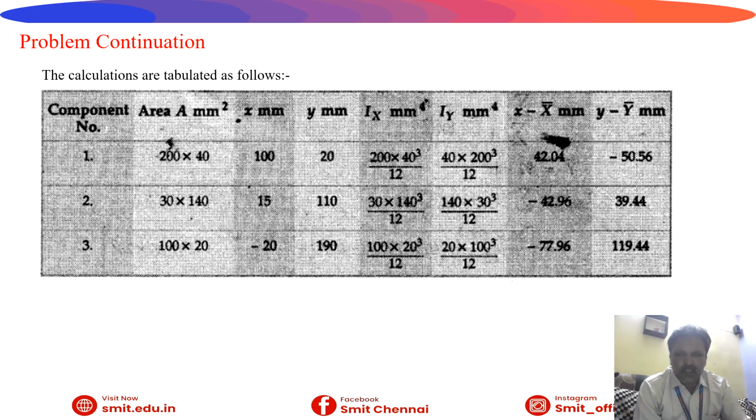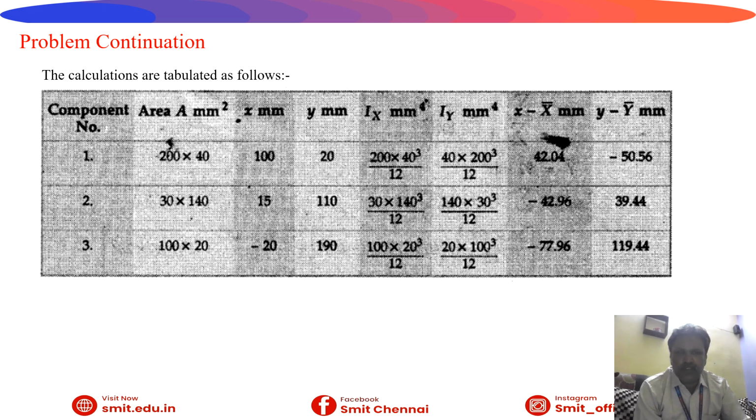Now, based on that previous sketch, we have the tabulation form. In this type of problem, we should follow a tabulation. The first column is for the sections we divided, 1, 2 and 3. Then the area: based on the given length and breadth, you multiply to get the answer: 200 into 40, 30 into 140, 100 into 20.